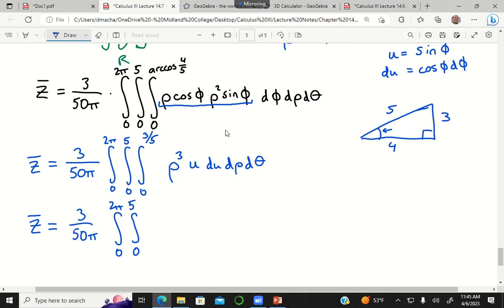So now I take the antiderivative with respect to u, and it becomes rho cube u squared over 2. Then I plug in 0, which brings everything to 0, so that doesn't matter so much. And then I put in 3/5.